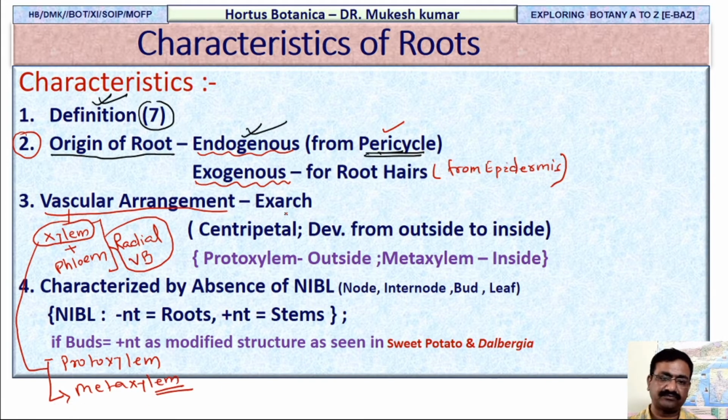The vascular tissue arrangement is also a characteristic feature that distinguishes a root from a stem, so it is very important. In root, the xylem arrangement, meaning protoxylem and metaxylem, is exarch.